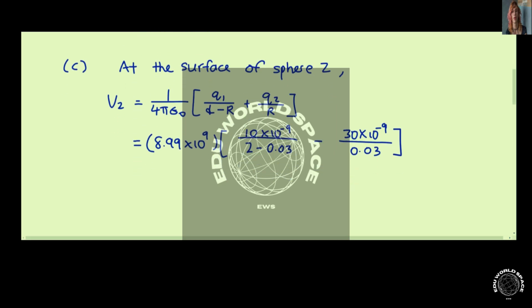Calculating this, you get negative 8.9 times 10 to the 3 volts. So this is the answer for part C, and that's all for this question.